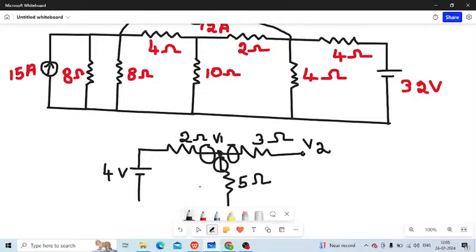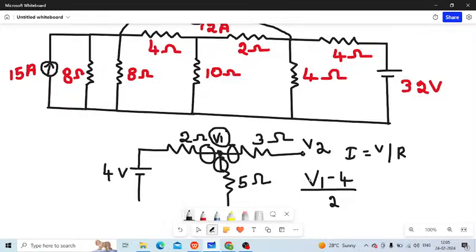Okay, yeah. So here you can see that you need to apply the I is equal to V by R structure. You need to apply I is equal to V by R, wherein if you try to apply that, see here, your (V1 minus 4) by 2. I've told you how to do this. It's I is equal to V by R, wherein you have two voltages, one is V1 and one is 4.